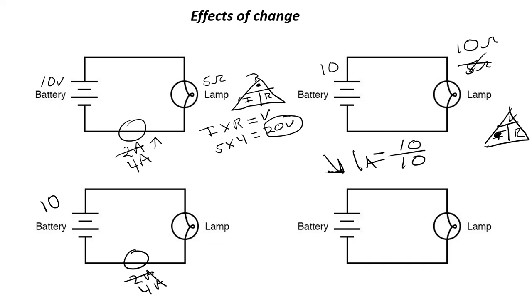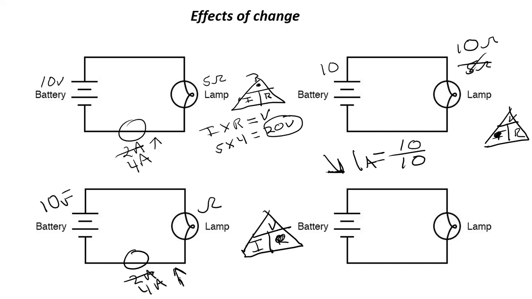All right? So now I want to know what my new resistance is. So let me draw my triangle again. So my amps went up, but my volts stayed the same. So I'm going to draw my triangle. I'm going to put V divided by I and R.